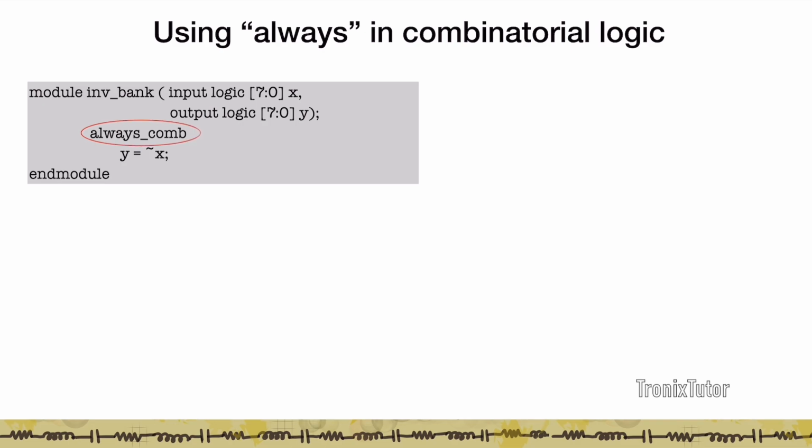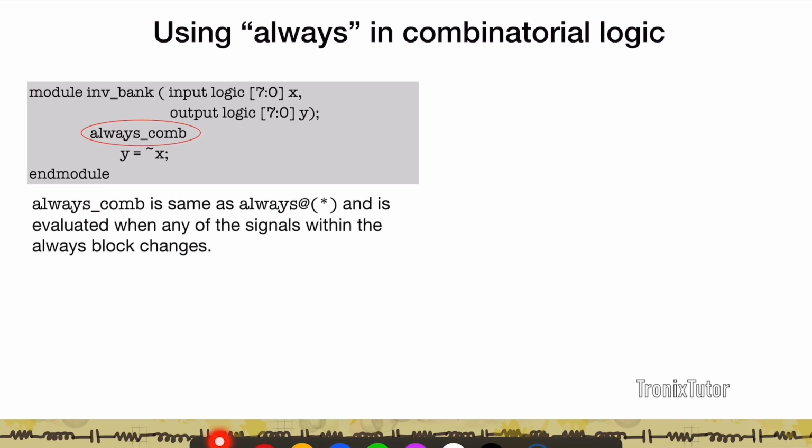This always_comb is similar to saying always @(*). That is, whenever any signal at the input changes, whatever follows the always statement is going to be executed, right? So it's like combinatorial logic, because once the inputs change, the outputs are going to change according to the logic.